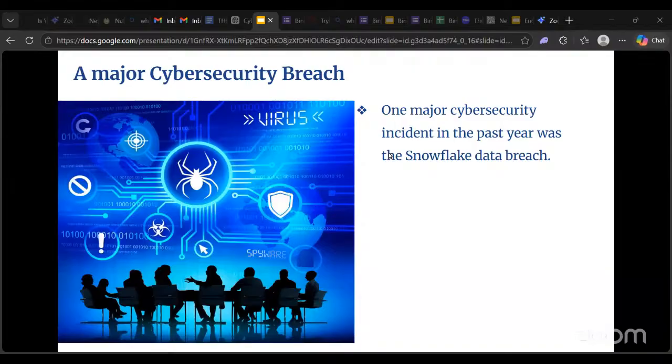What this breach taught us was the importance of enabling multi-factor authentication and proper identity access management. What I mean by proper identity access management is this. Let's say for instance, in a company, multiple individuals have access to alter the credentials of a customer.